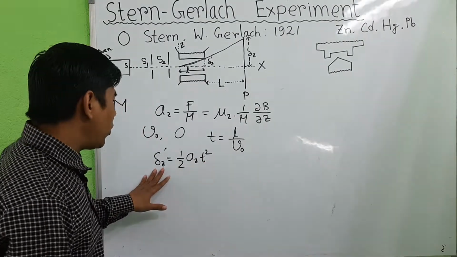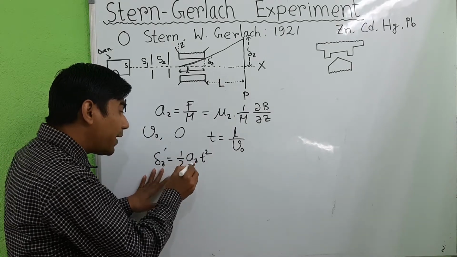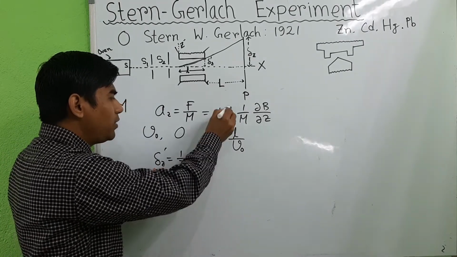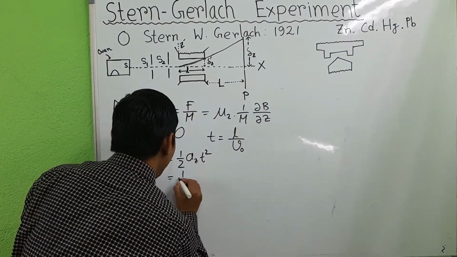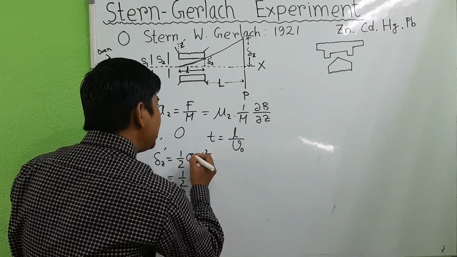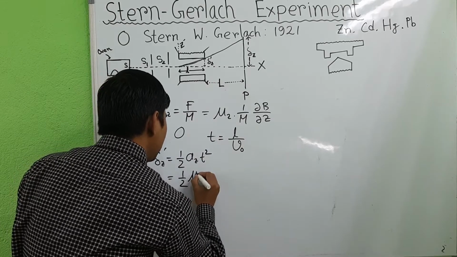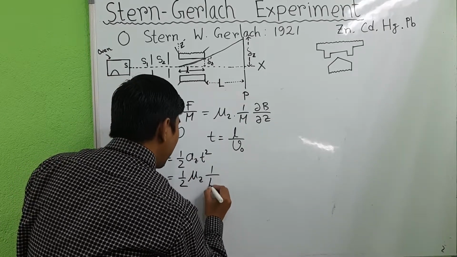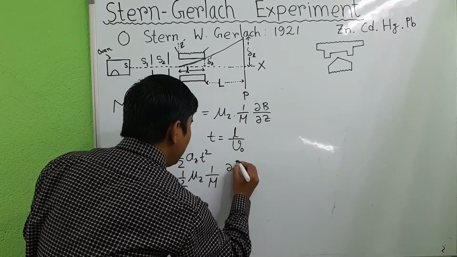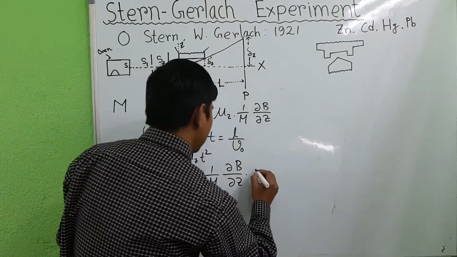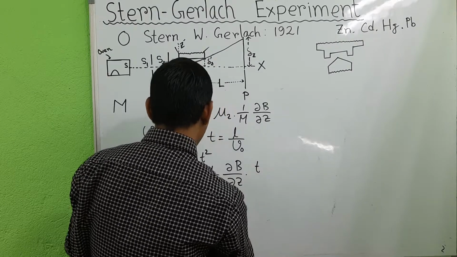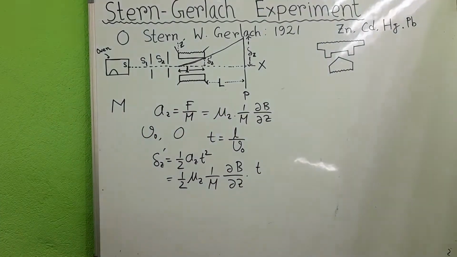Now if we put the value of az and t from this equation, then we get delta z dashed equals half, and the value of az is mu z by m into del B del z, and the value of t square is L square by V0 square.